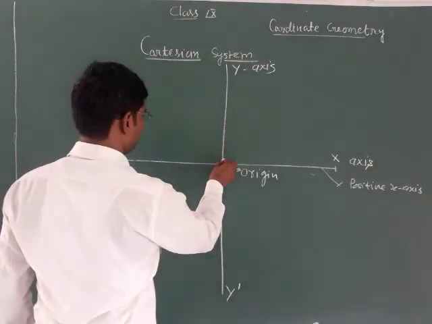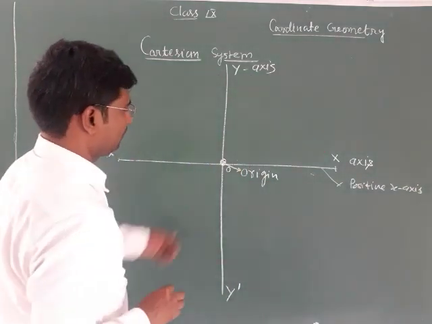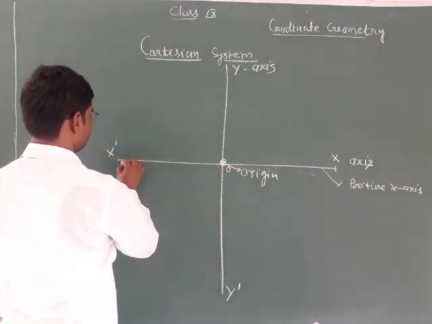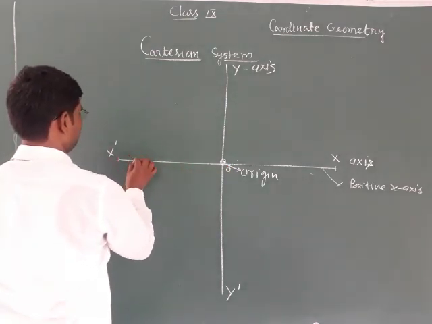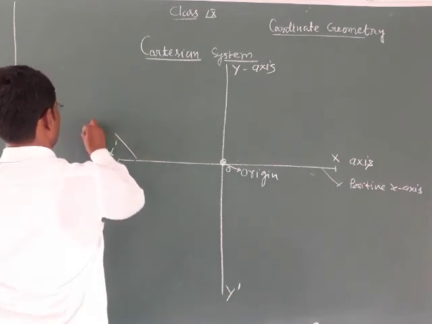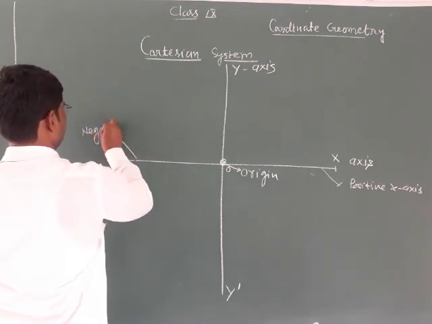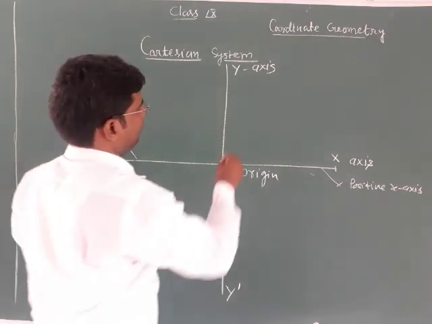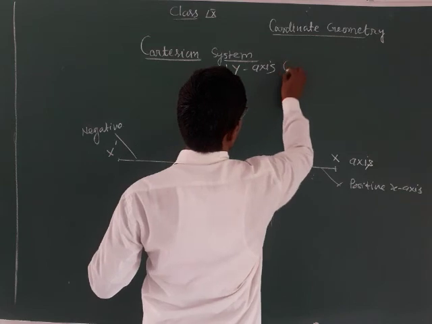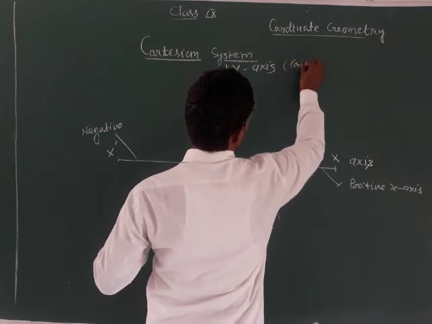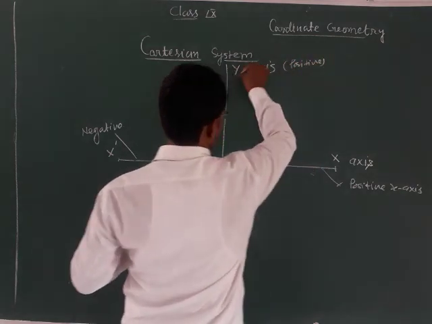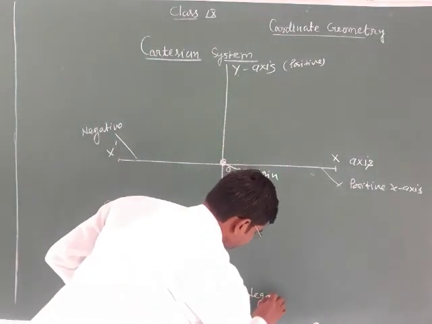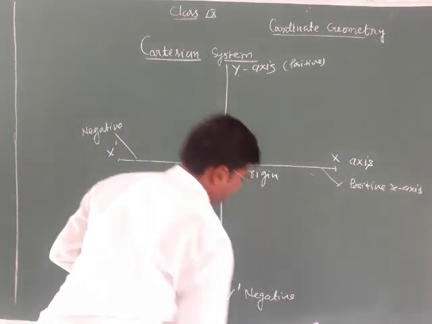And from the origin to the left, this is the negative x axis. Also this is the positive y axis, and this is the negative y axis.